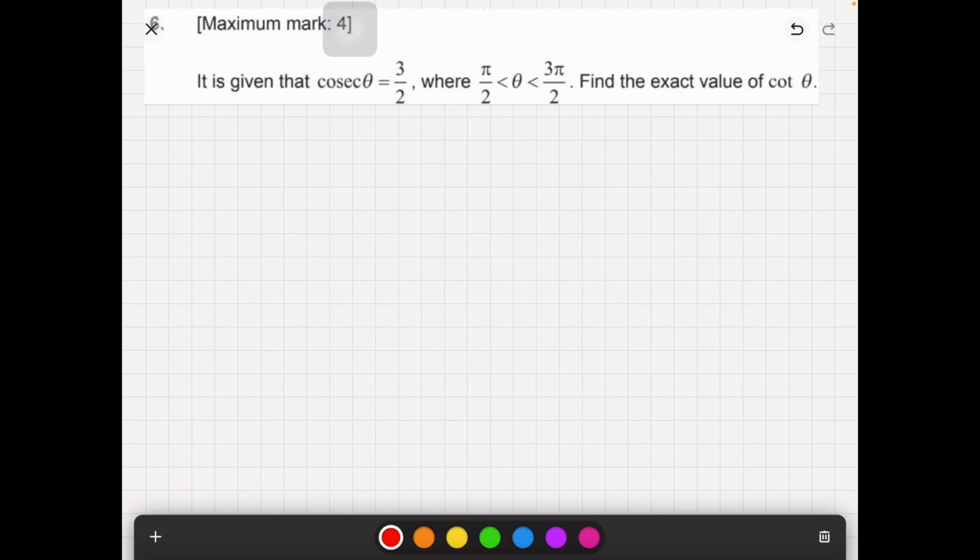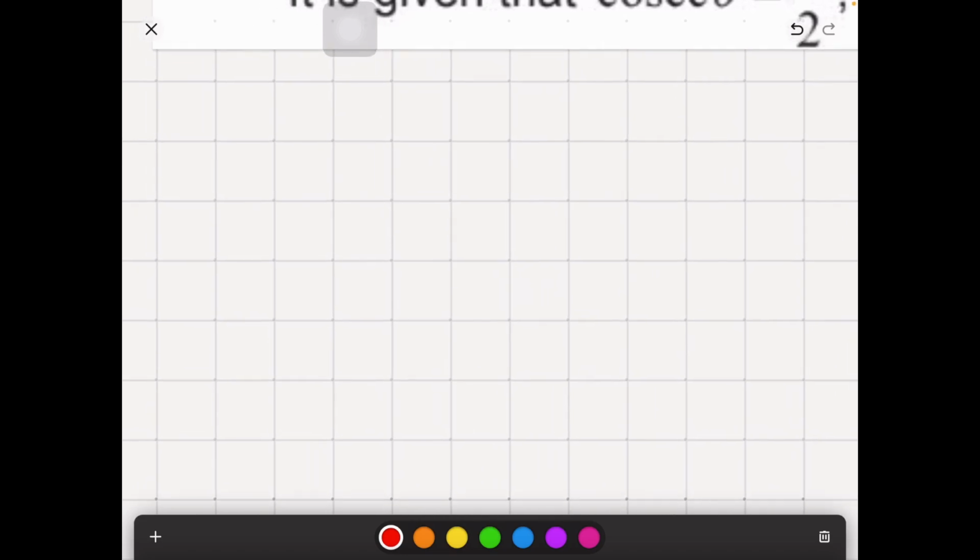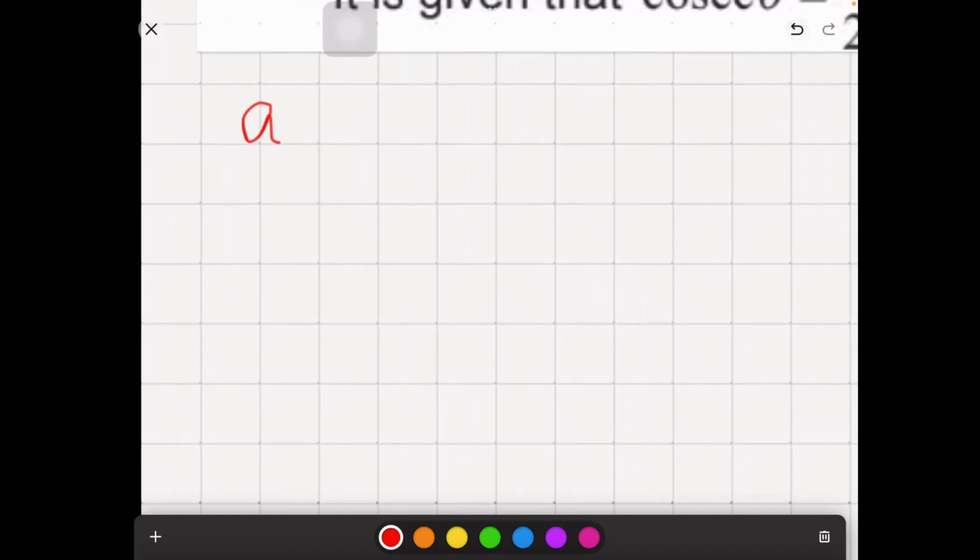So, the first thing that I like to do when given a question like this is to rewrite cosecant theta into a form that's more familiar. If I remember correctly, cosecant theta is equal to 1 over sine theta.